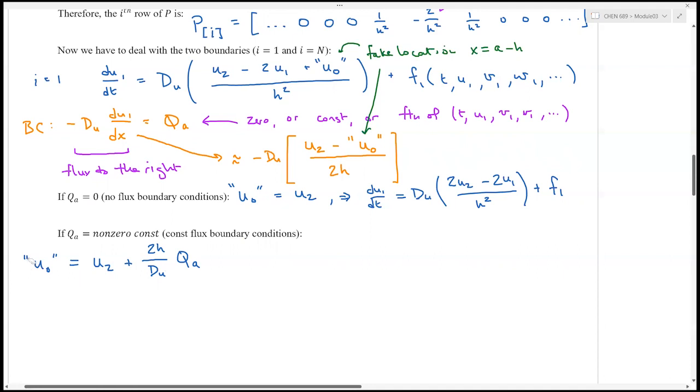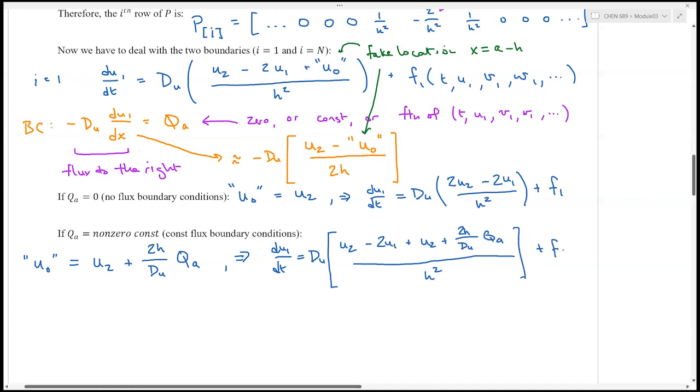Okay, so what happens now if we plug this formulation for u0 into our differential equation at x equals a, then what you get is du1 dt is equal to our diffusivity, du, times u2 minus 2u1 plus u2 plus 2h over du times qa, all over h squared, plus f1, where f1 again is a function of potentially all of these time and all the state variables.